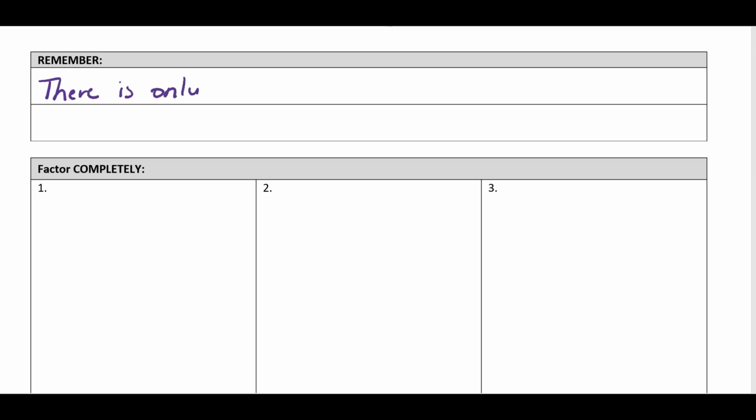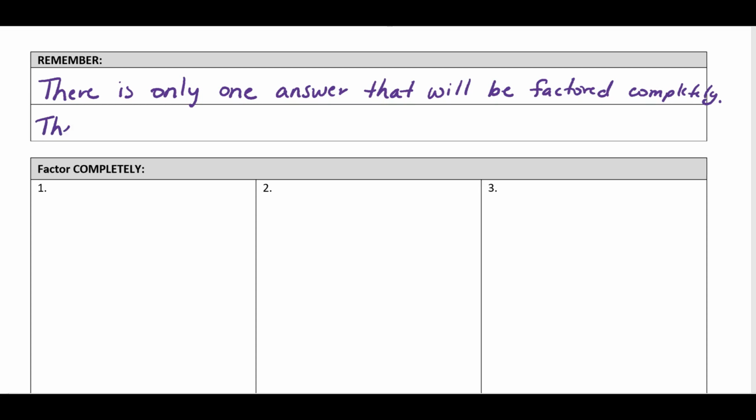There is only one answer that will be factored completely. So there's not multiple answers here. However, the order of the factors doesn't matter, with the exception of the greatest common factor, which should always be in the front.